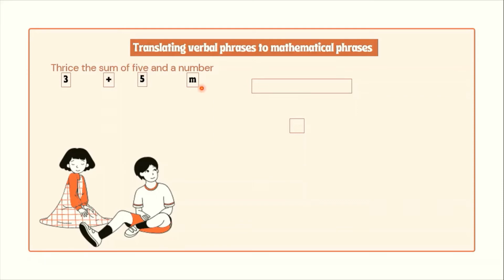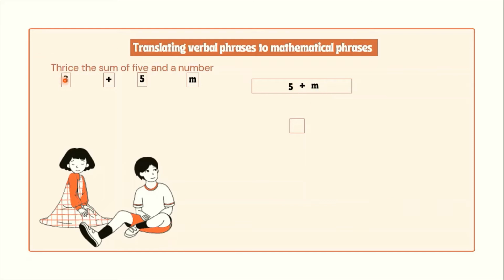Alam natin dito na kapag may nakalagay na sum, automatically tayo ay magpe-perform ng addition. So, lagay natin dyan yung plus sign. Next, ano nga ba yung ating mga i-add? Sum ng alin? So, yun ay sum ng 5 at a number. So, yun ay 5 plus m. This is the sum of 5 and a number.